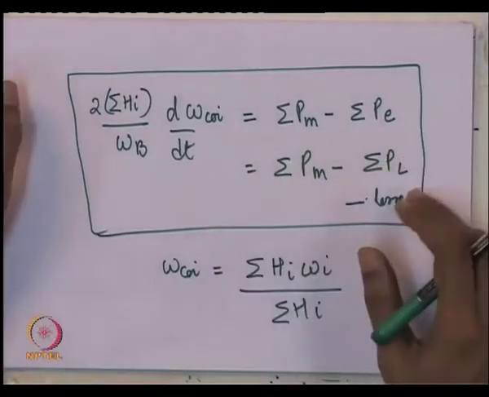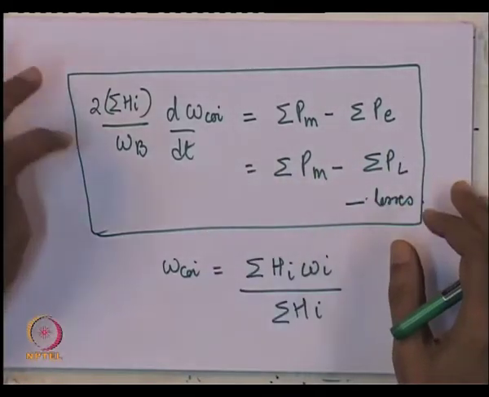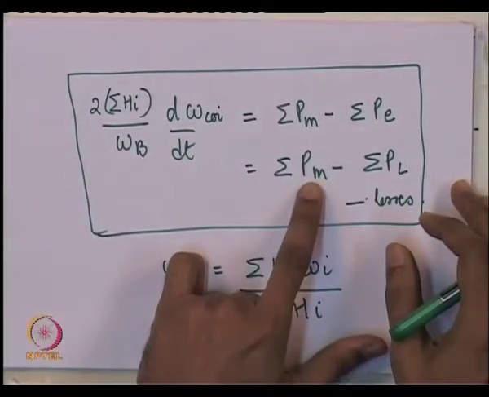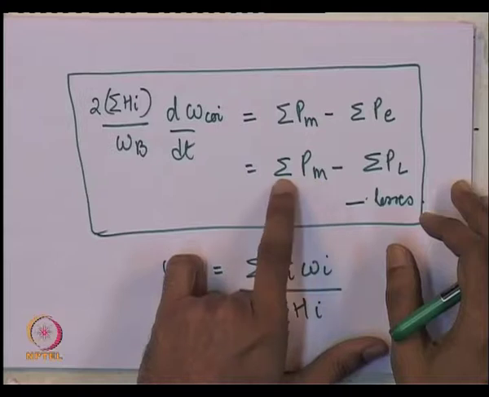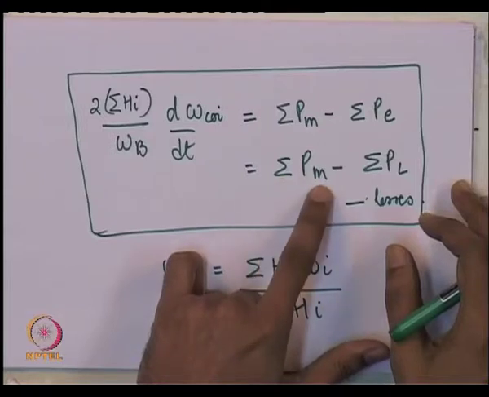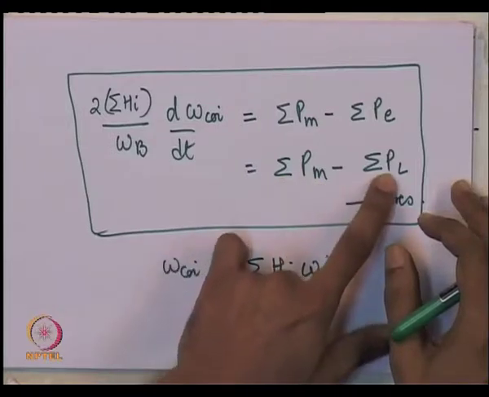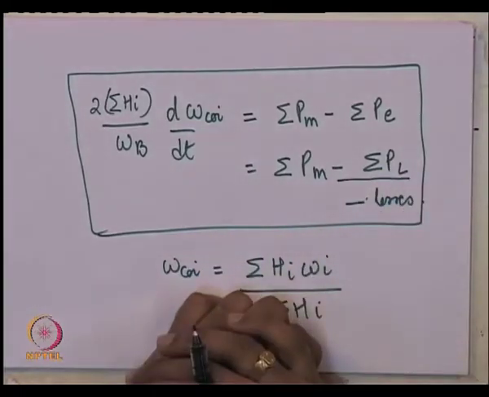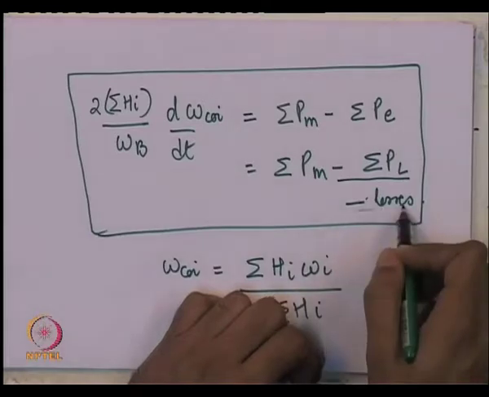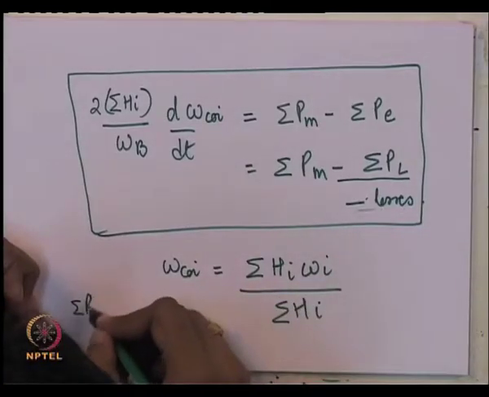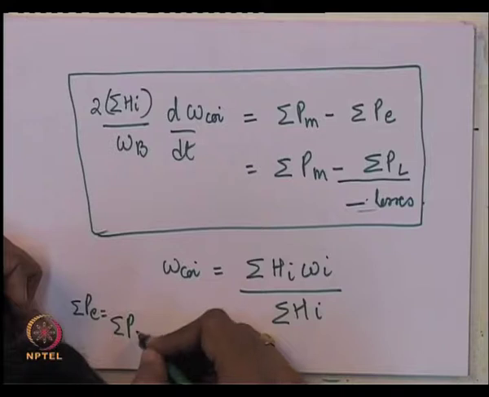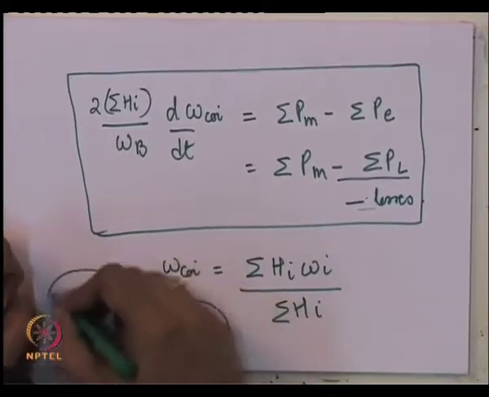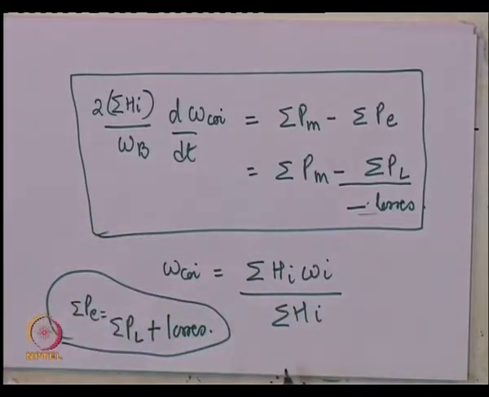We had derived this formula sometime back in our course, that the center of inertia motion is proportional to the sum of the total mechanical input to all generators minus the total load minus the losses. That is because sigma P e is equal to sigma P L plus losses. This is of course with network transients neglected.